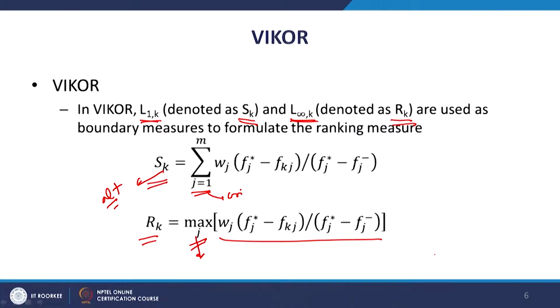That is why I said at the start of this lecture that VIKOR is also classified as a distance based method. The LP metric that we are using is a representation of the distance of an alternative Ak to the ideal solution. The same representation is being used here for Sk and Rk also.